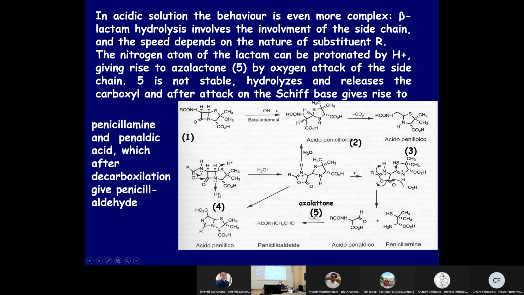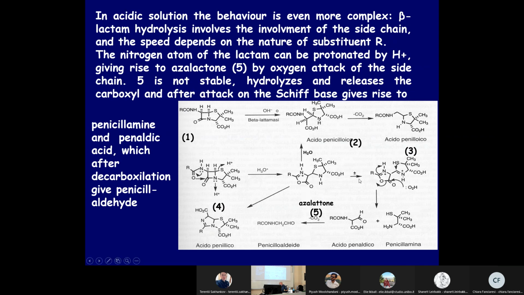You see the protons, which want to take the lone pairs from the nitrogen atom. You can have the increase of reactivity of this carbon atom, which can be attacked by the oxygen in the side chain in order to give the azlactone here.